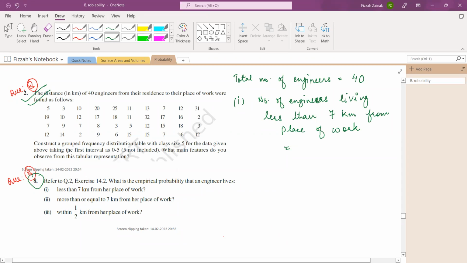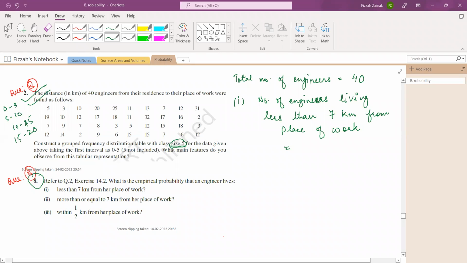Now, see, when we did this question in the chapter of statistics, there we constructed a group frequency distribution table with the class size 5, right? So we took the table like this, 5 to 10, 10 to 15, like that. Do you remember? With class size of 5, you have to take like this, or 0 to 5, right?